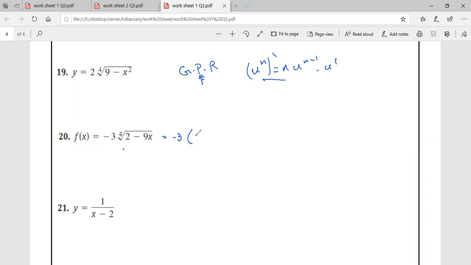I think it's so trivial. 2 minus 9x all to the power of negative 3. Now the function is ready to apply the general power rule. Here, the derivative of this function: just apply the general power rule. Negative 3 multiplied by 2 minus 9x, decrease the exponent by 1, it will be negative 4.